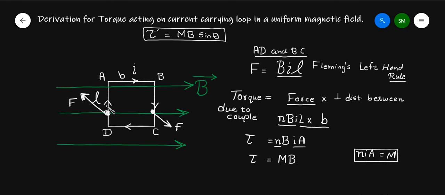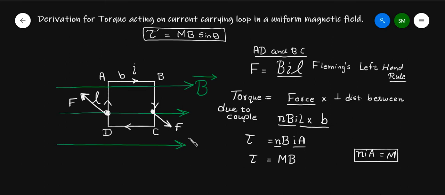But actually everybody knows that the torque formula is MB sine theta. So how does this sine theta come, that I am telling you. Now listen very carefully, otherwise you will get confused. In the beginning, when this coil has been taken, the plane of the coil is parallel to the magnetic lines. I repeat, the plane of this coil is parallel to the magnetic lines. In that case this is the formula for torque, which we derived.